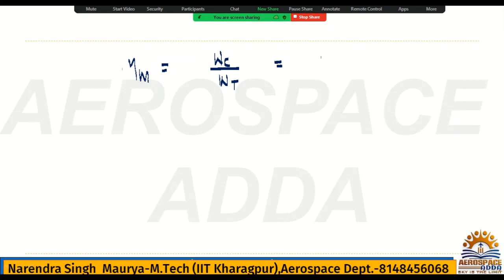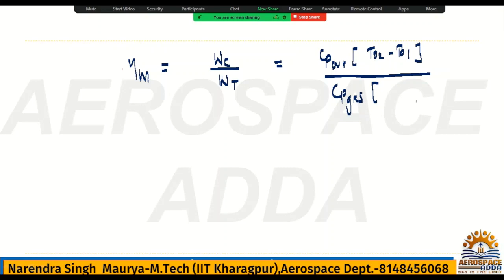For the compressor work, it is Cp of air, and the compressor was 1 to 2 (A to 1 was the diffuser, 1 to 2 the compressor), so T02 minus T01. And in the turbine, Cp of gas, and the turbine is nothing but T03 minus T04.